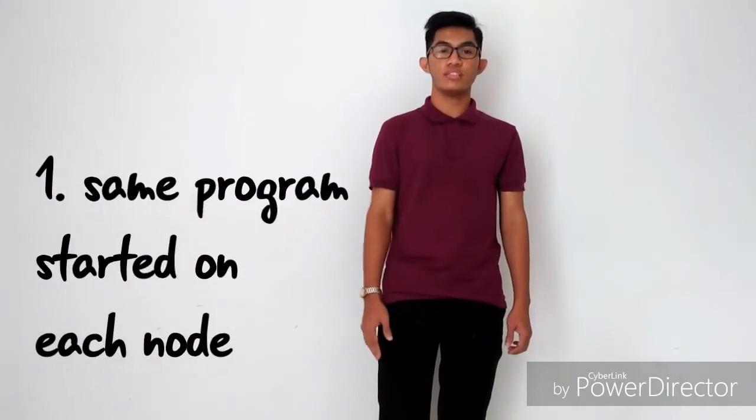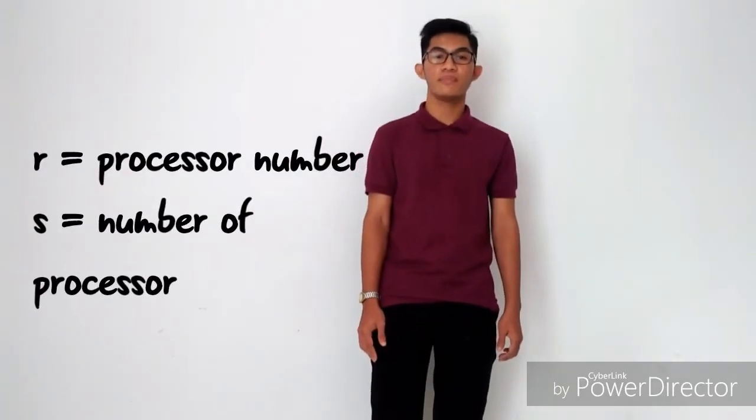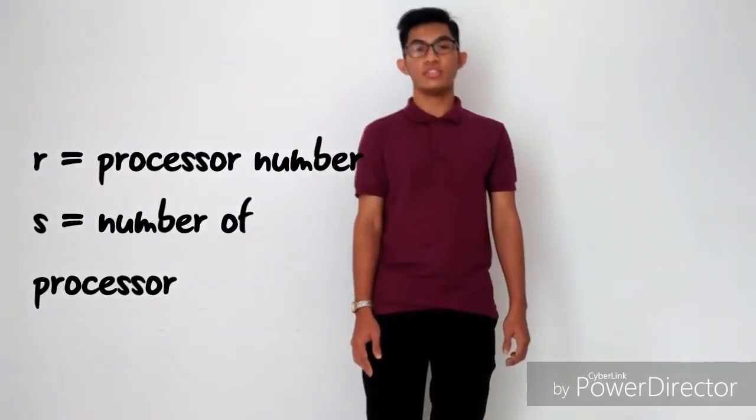Programming distributed memory 2, approach. Firstly, the same program is started on each node, and on each node a process is created. Second, the process asks for its processor number R and the number of processors S on the parallel computer.